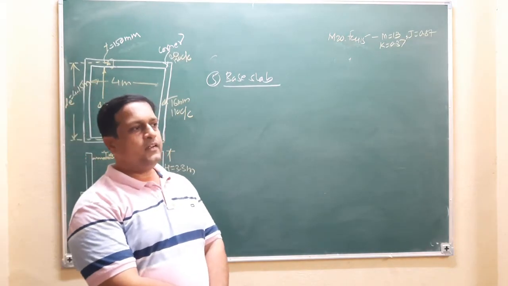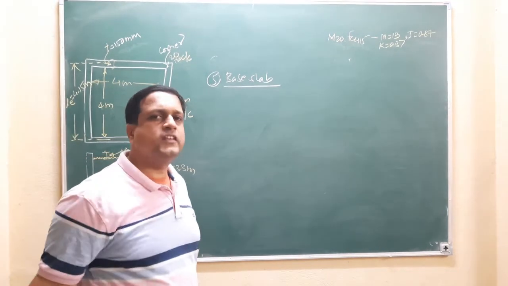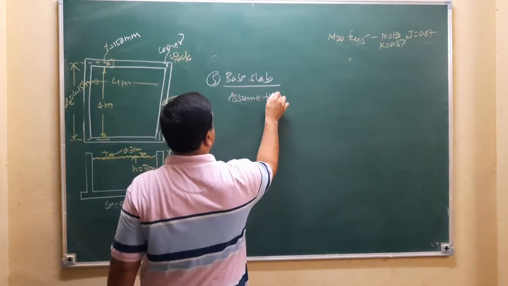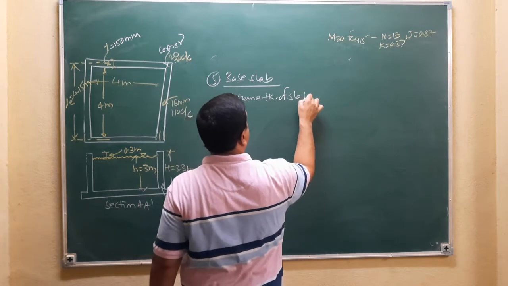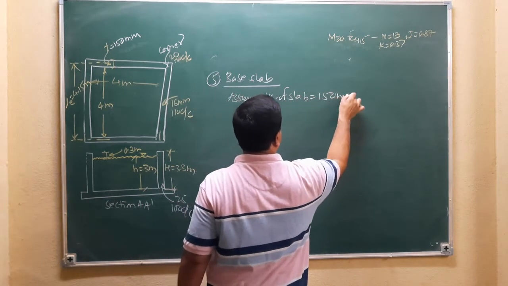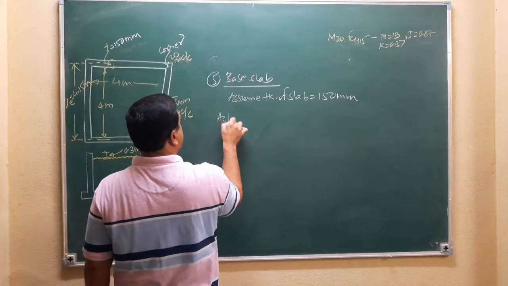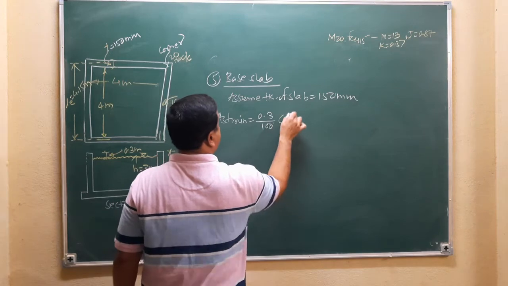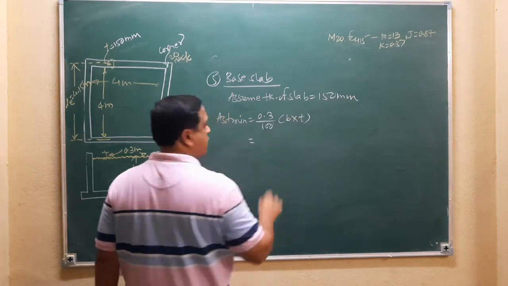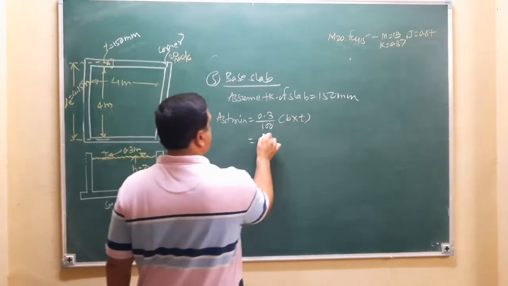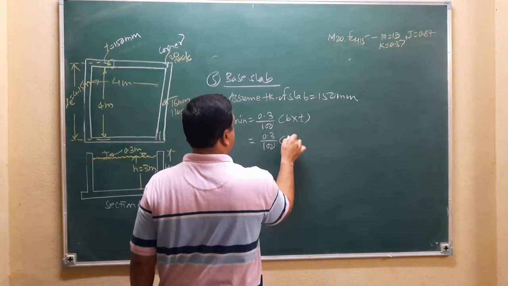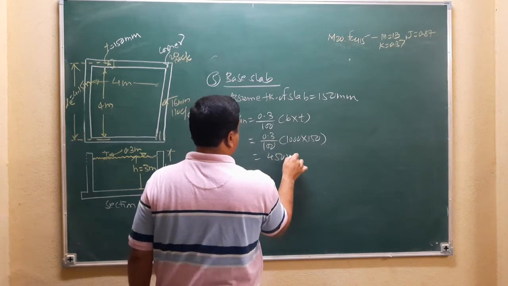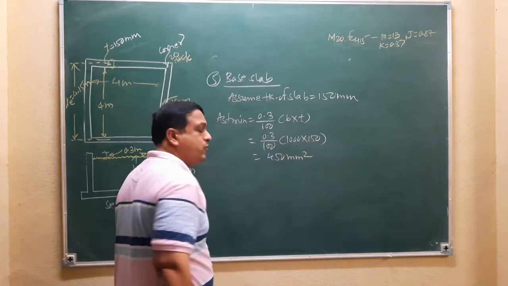Assume the thickness of slab is equal to wall thickness, 150 mm, and provide minimum steel. Minimum steel is 0.3% of the gross cross-sectional area of concrete. So 0.3 divided by 100, width is always 1000, so it is 450 mm square. 150 into 3 is 450.